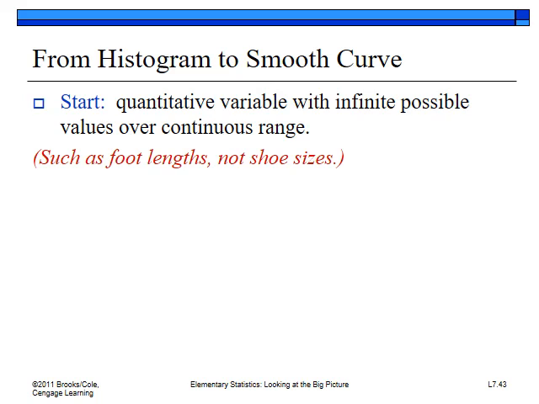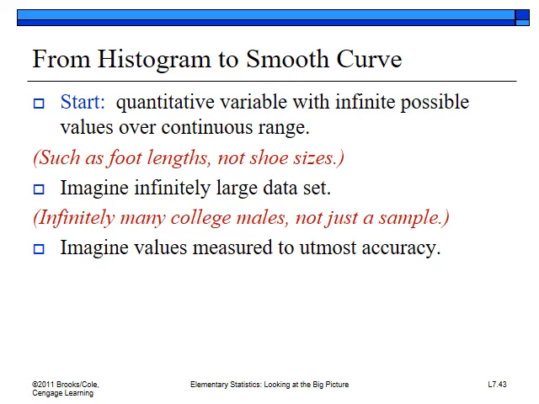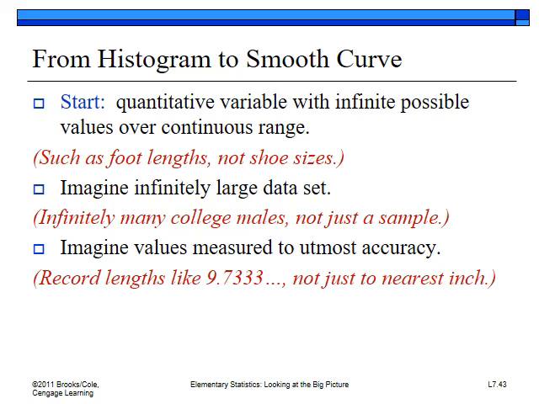Maybe we're measuring foot lengths. And we have infinitely many individuals in our sample. So maybe we're looking at infinitely many college males, not just a sample. And imagine that the values are measured to accuracy as precise as could possibly be measured. So decimals as long as you can think of.